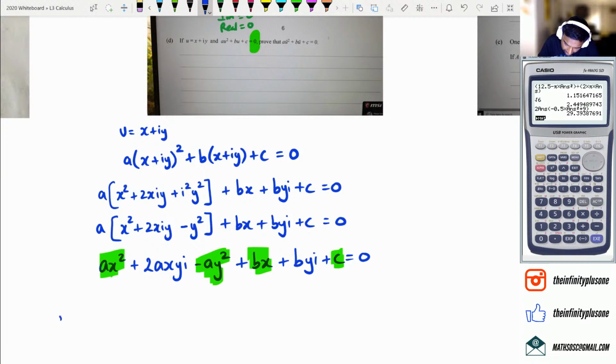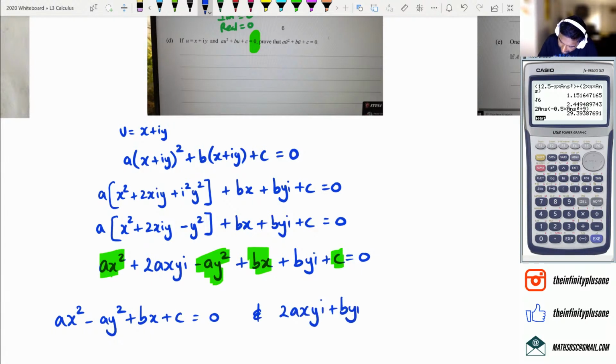So basically ax squared minus ay squared plus bx plus c equals 0, and 2axyi plus byi is also equal to 0. Those are the things that I've established from the first part of the question.